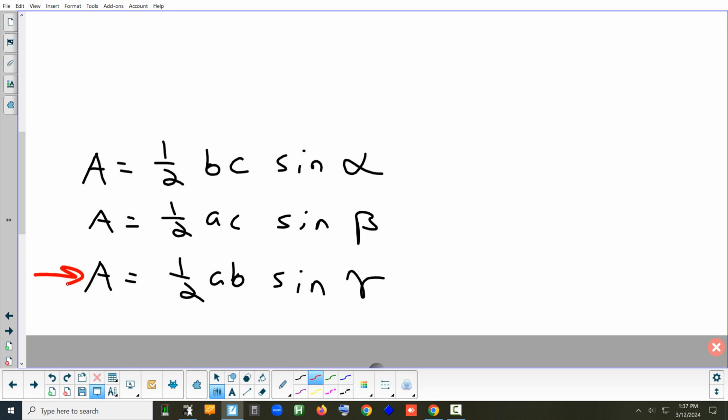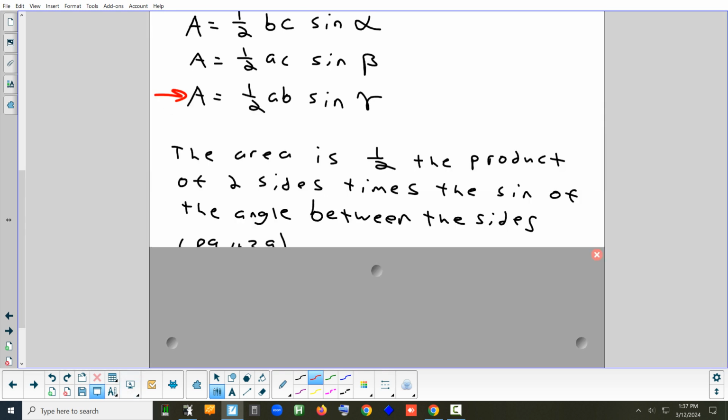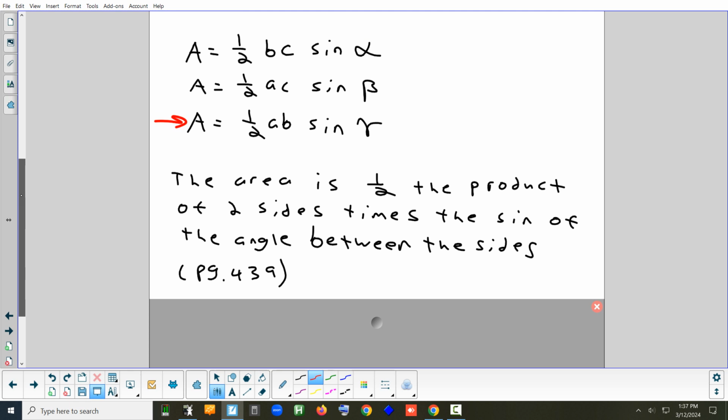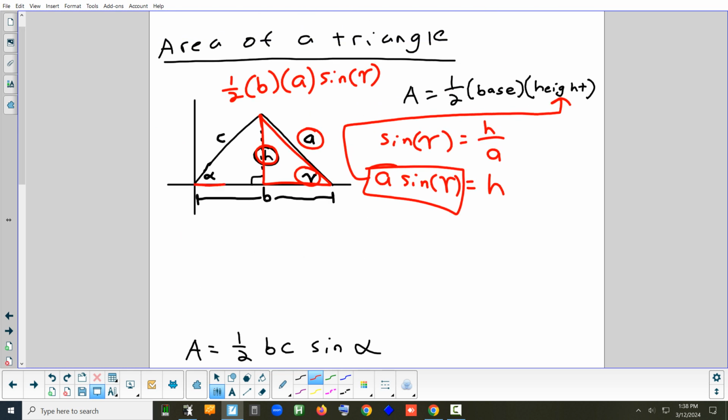Okay, like the law of cosines, it's not important to remember the exact letters. It's the pattern. It's always going to be 1/2 times the product of 2 sides, any 2 sides you want, but then it has to be the sine of the angle between the 2 sides. So if you look at a diagram that's properly labeled, alpha is always the angle between sides B and C. Here's B, here's C, alpha is always right between them.